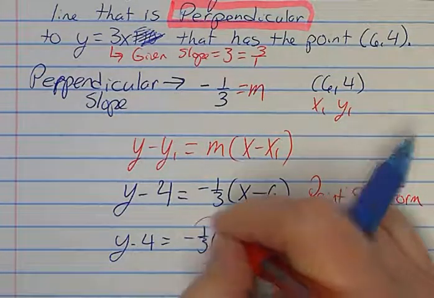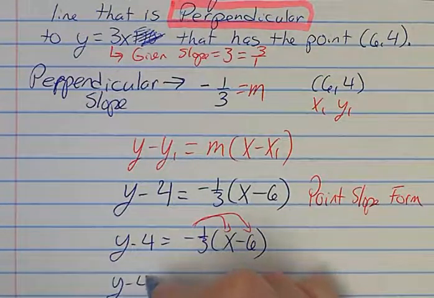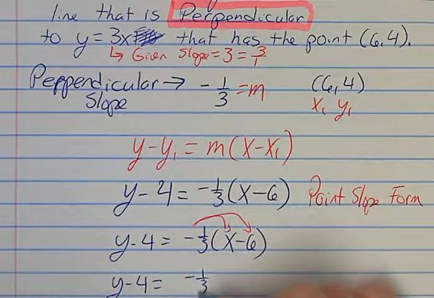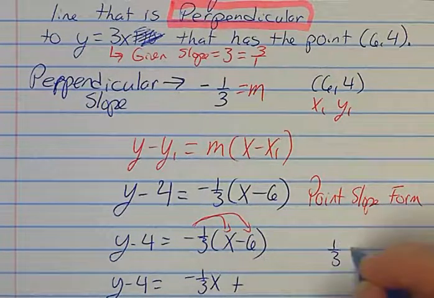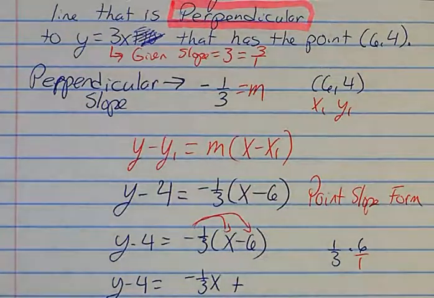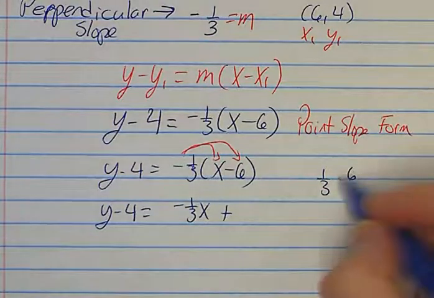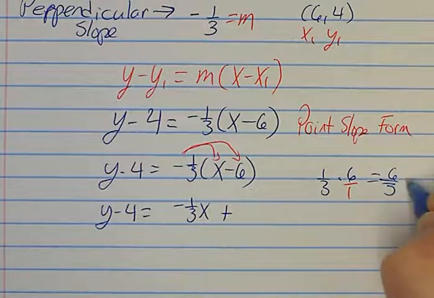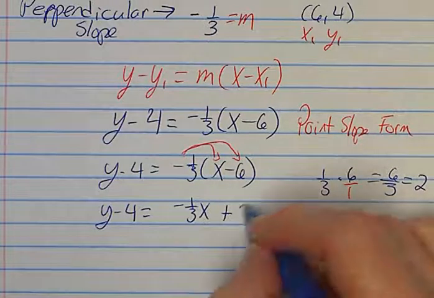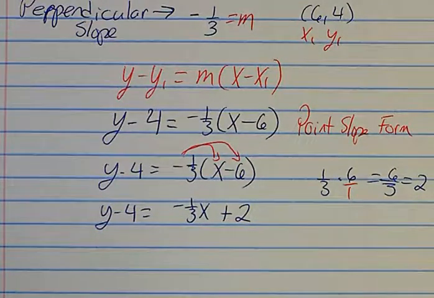And again, for this one, we're going to multiply out by the negative 1/3. Negative times negative makes that a positive. And if you do 1/3 times 6, the 6 is really over 1. So if you multiply straight across, that's 6 over 3, but you can divide and make that just a 2. Alright, now only one other thing to do.